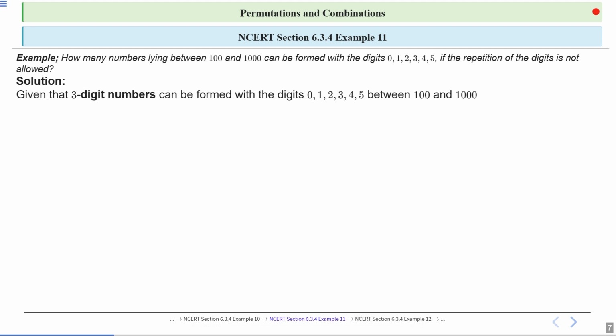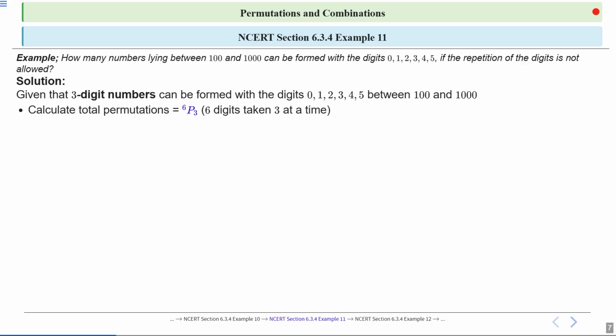So let's look, students. Here we need to make 3-digit numbers with the digits 0, 1, 2, 3, 4, 5 between 100 and 1000. It's important to understand that repetition is not allowed here.